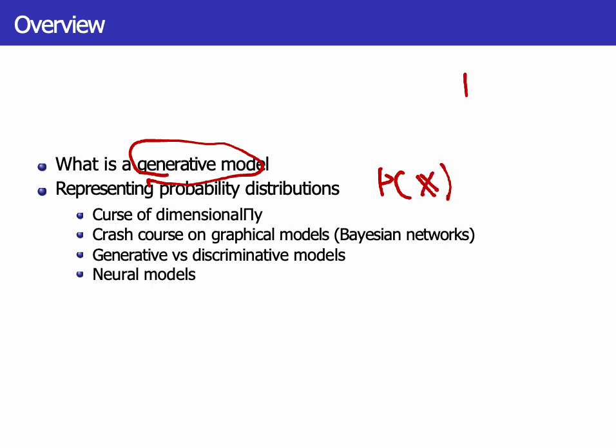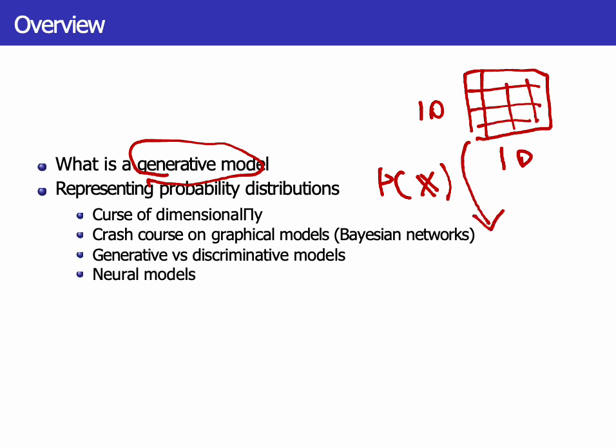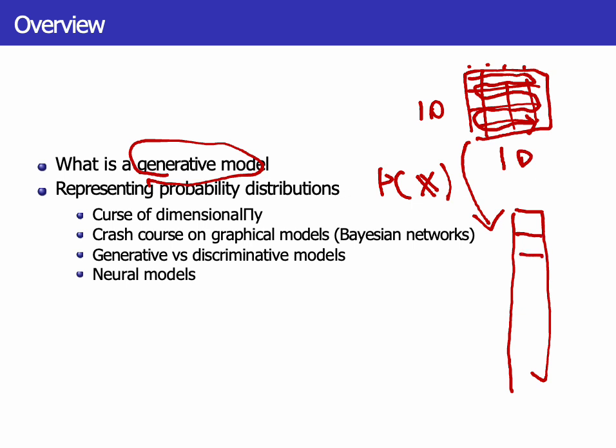For example, if we have 10 by 10 grayscale images, you just convert these images to one-dimensional vectors by putting the pixels in a row, n by n.